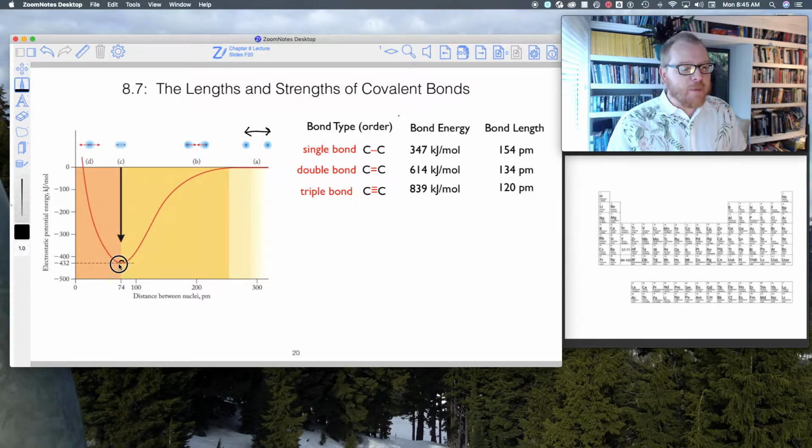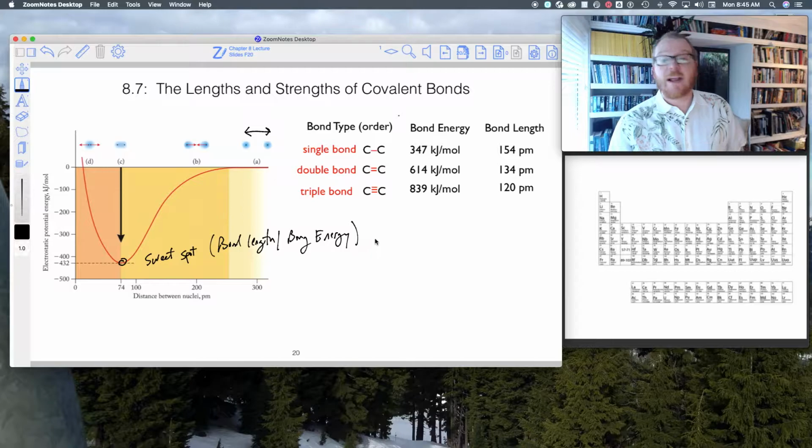And they get to this spot right here. I like to call that the sweet spot. That sweet spot gives us the bond length and bond energy.